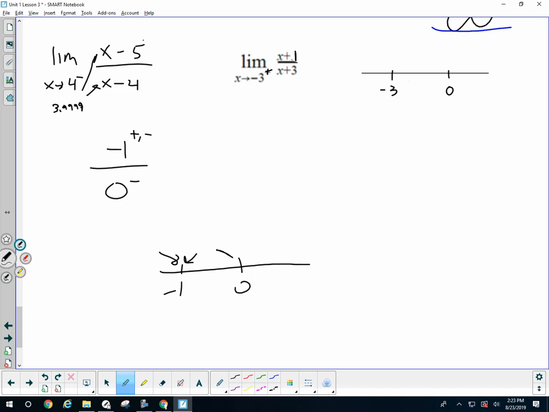But to the left and to the right of 0, huge difference. What's the huge difference to the right and to the left of 0? The sign. The sign makes a huge difference when we're doing calculations. But here, no matter if you're to the right or to the left of 1, you're still negative. But this, huge difference. Now I got a negative value divided by something infinitely small and negative, infinitely large, positive.